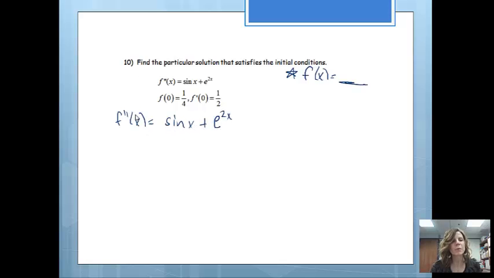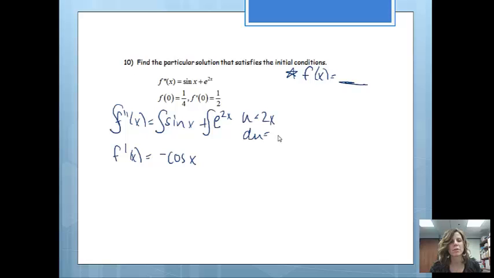To get from the second derivative to the first derivative, we are going to take the integral of all the parts. The integral of sine of x we've known for a while is negative cosine x. For this next part, I have e to a power, and if I have e, we will always let u be the exponent. So du equals 2 dx.